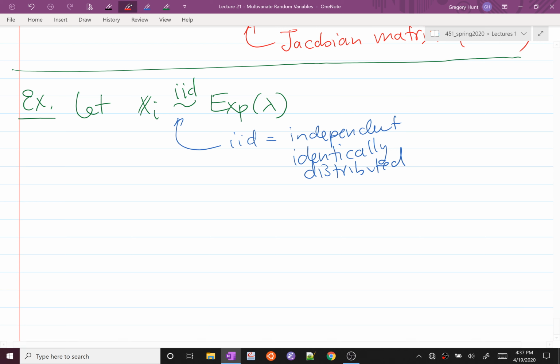Okay, we want to look at a transformation of these. So let's define a transformation so that U is g of our x, and we can define it component-wise.